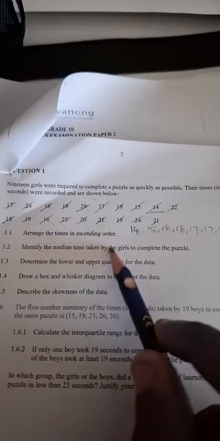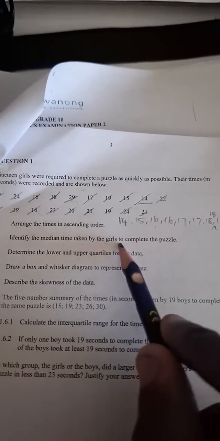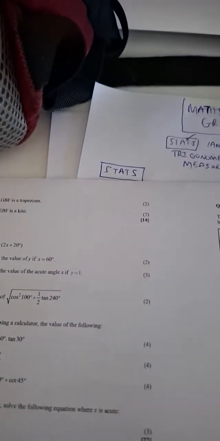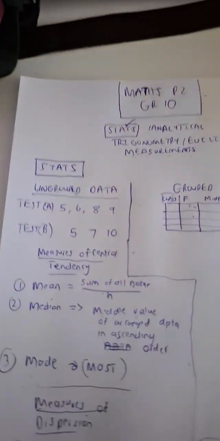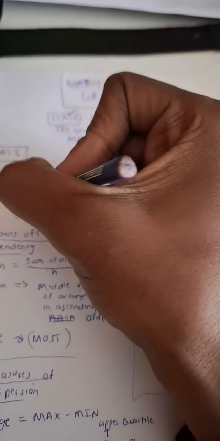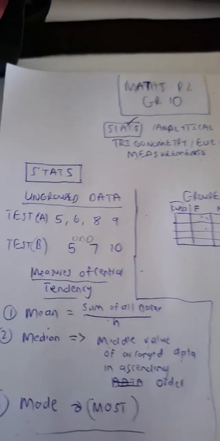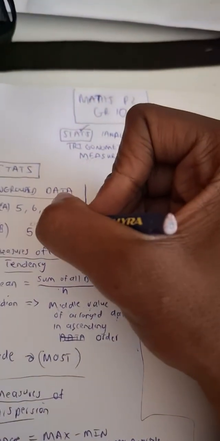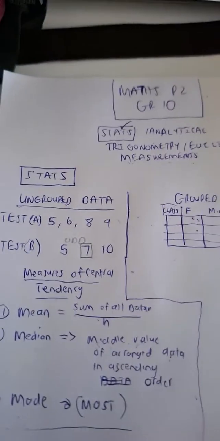Identify the median time taken by the girls to complete the puzzle. The what? The median time. What is median? Okay, guys, we said median is the middle value. Now when my data set is odd, the median sticks out like a sore thumb.